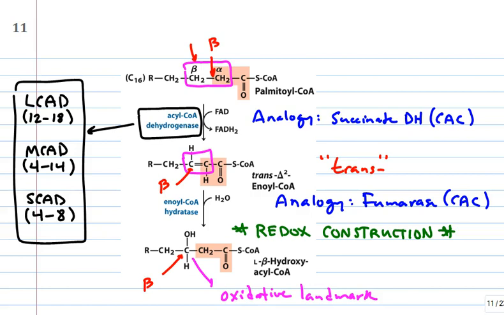We make trans intermediates. So the double bond, as you know from organic, you can hydrate a double bond, but this needs to be done in a stereospecific manner, so we need an enzyme. If you need to do a hydration reaction, you need a hydratase enzyme. So enoyl-CoA hydratase stereospecifically adds a molecule of water across the carbon-carbon double bond to make our secondary alcohol that we see here shown.